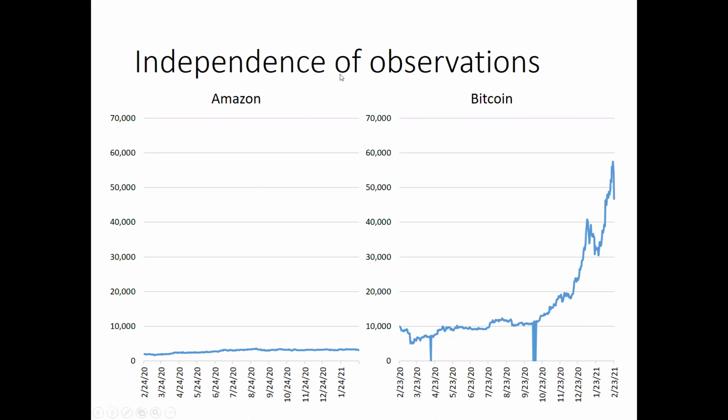This is called independence of observations. If Amazon went up $1 a share and Bitcoin went up $1 a coin on the same day, and every day they matched, then we would probably have to assume that there may be a relationship between how Amazon fluctuates and how Bitcoin fluctuates.